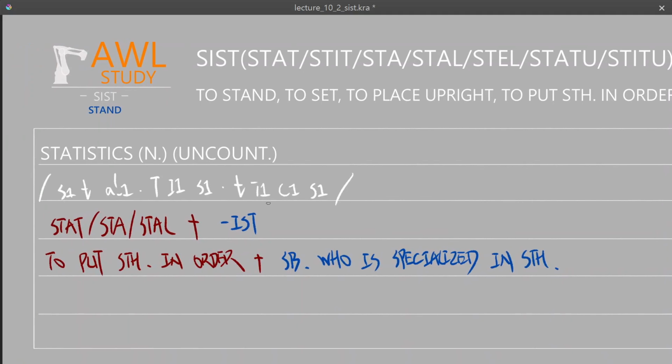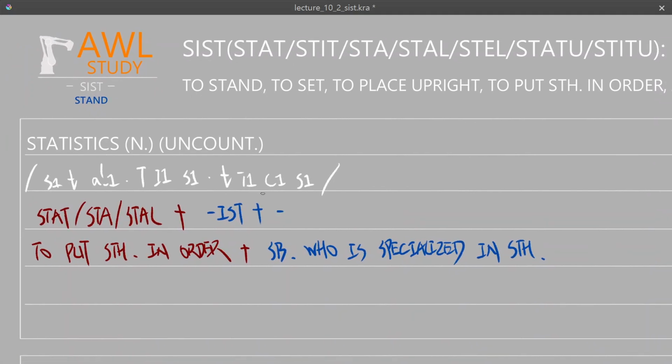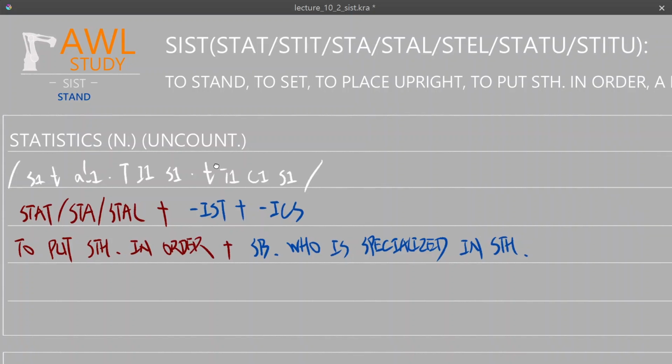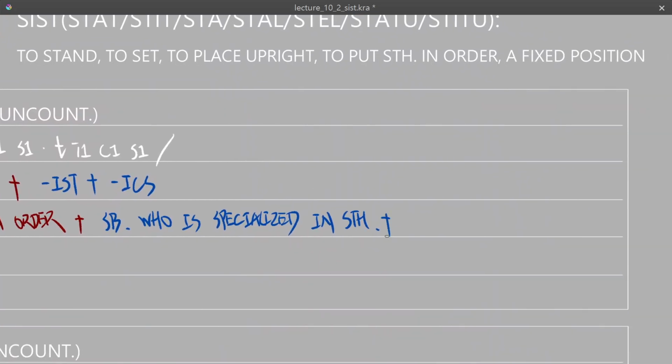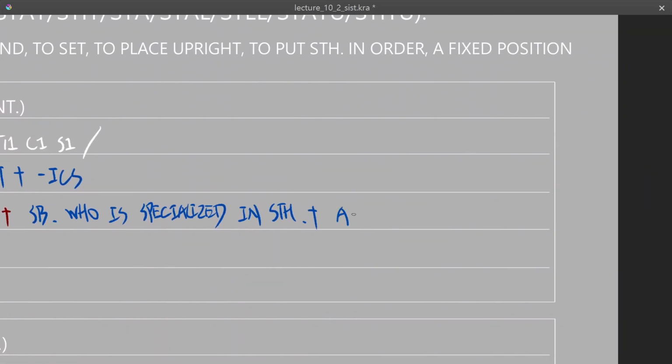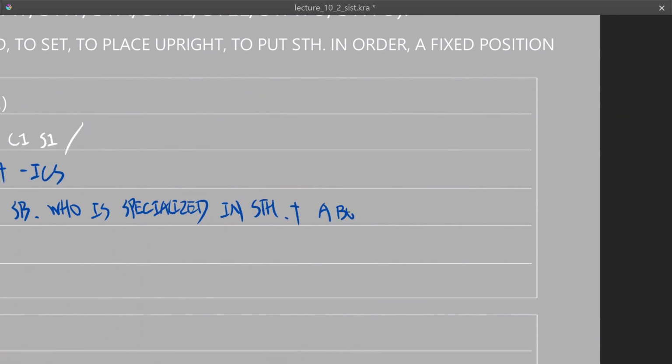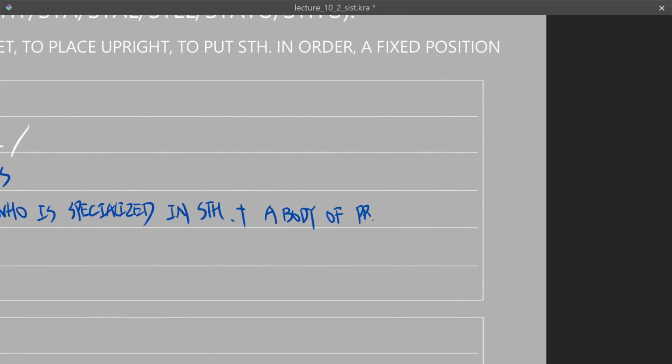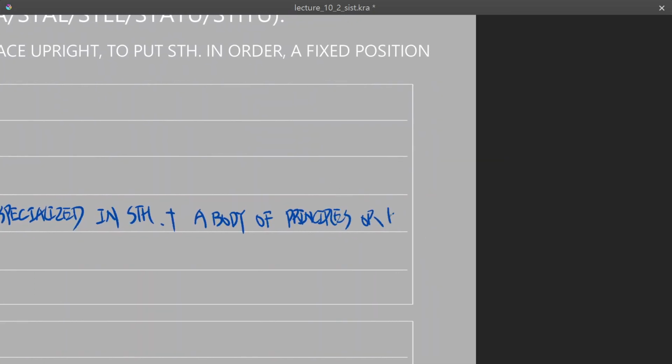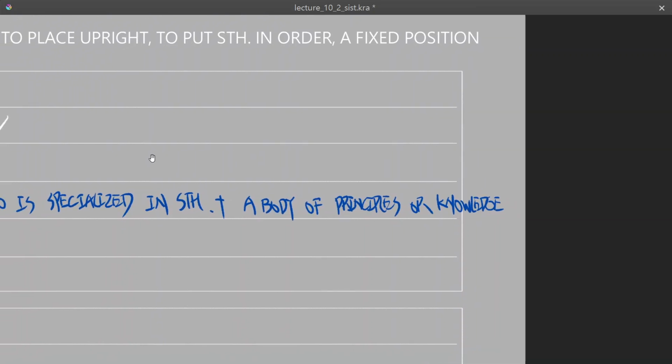And next we have the noun suffix ics. Ics means a set or body of principles or knowledge.